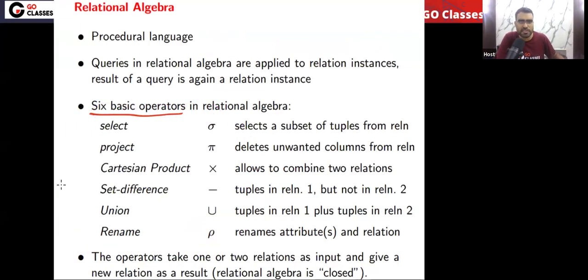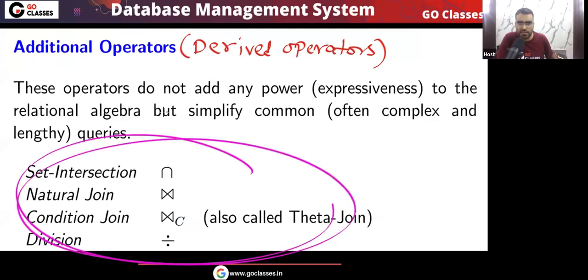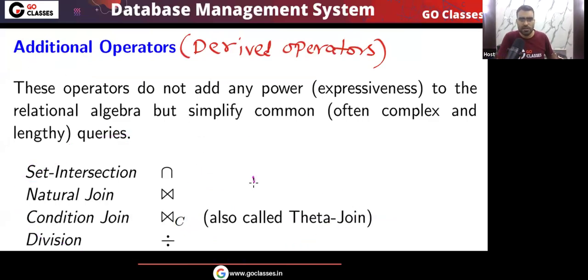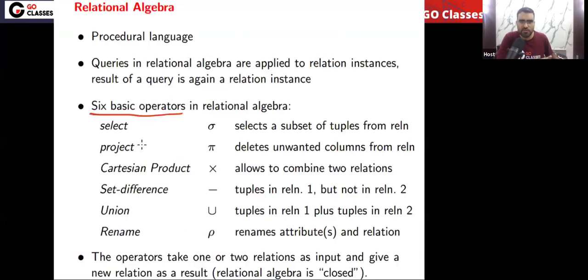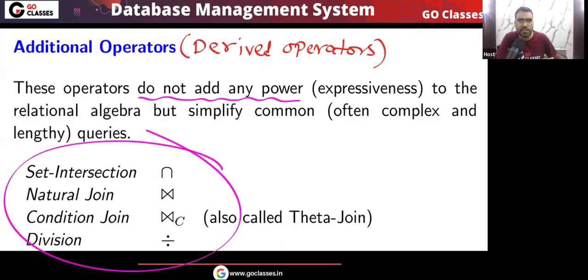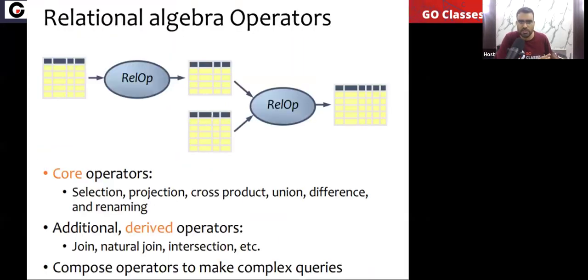From the basic operations, you can easily create these operations. So these additional, or derived, operations do not add any power to relational algebra. Overall, we need to study these six basic operations, then these derived operations. Simple.